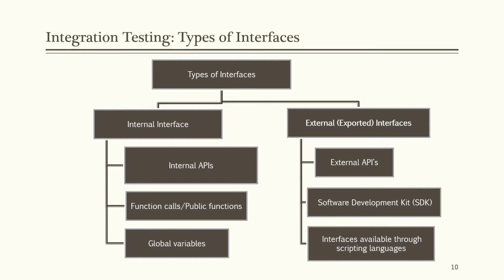APIs are useful when you only need one or two specific functions of an SDK and are not looking for a fully integrated experience. Interfaces available through scripting languages. Now interfaces are also available through scripting languages like JavaScript, jQuery, etc.